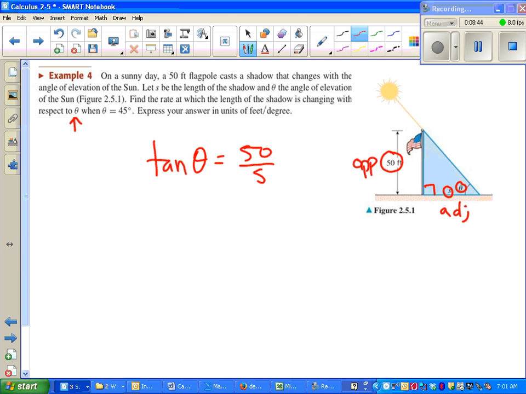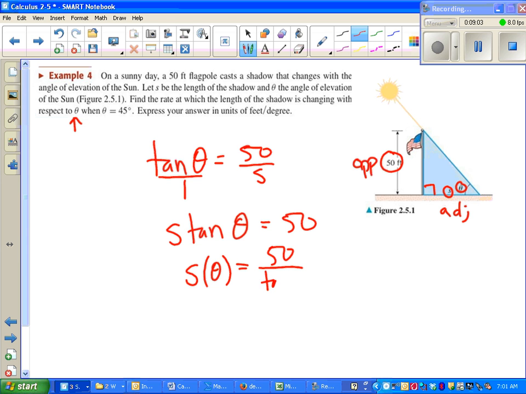We got to get s by itself. So a little bit of manipulation, I'll cross multiply. S tangent of theta equals 50. So s of theta, or just s, would equal 50 over tangent of theta, or alternatively 50 cotangent of theta.